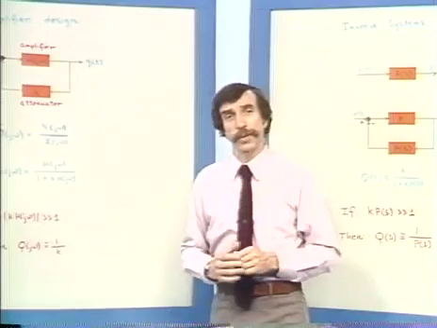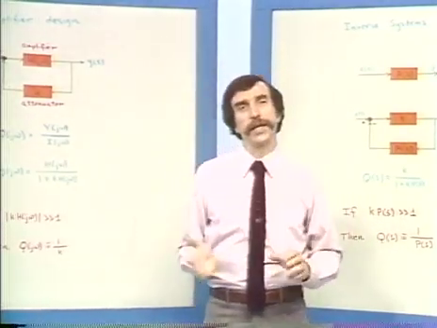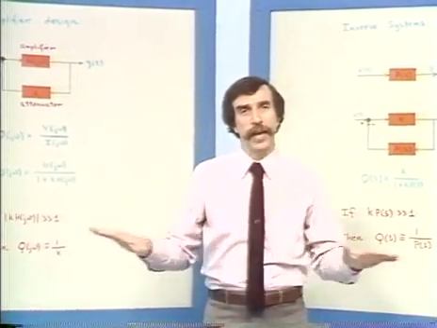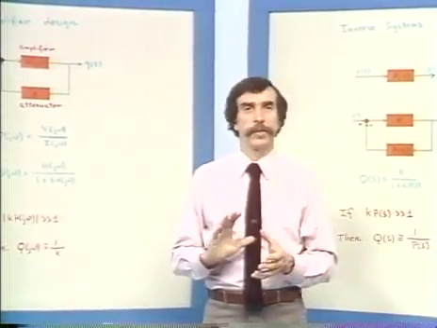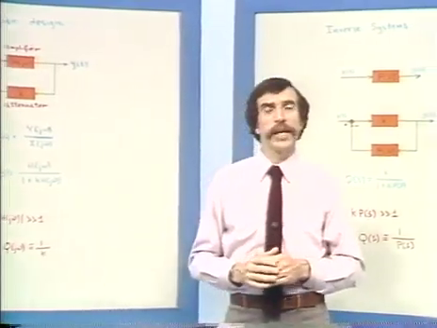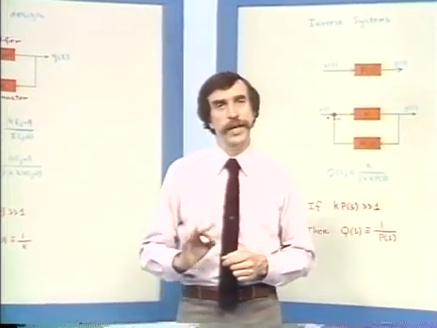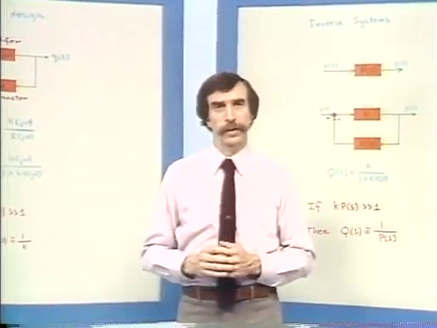Now, one last point to make related to that. One could ask, well, why is it any easier to make K flat with frequency than to build an amplifier with a flat frequency response? The reason is that the gain in the feedback path is an attenuator, not an amplifier.